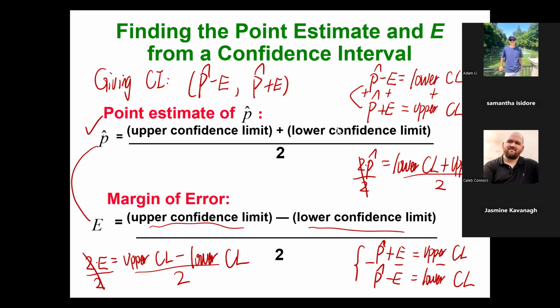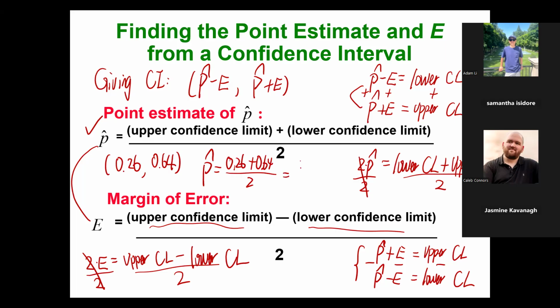So for example, say we have a confidence interval of 0.26 to 0.64. The p-hat here will be adding these two numbers, 0.26 plus 0.64, divided by 2. Using the upper confidence limit plus the lower confidence limit divided by 2.